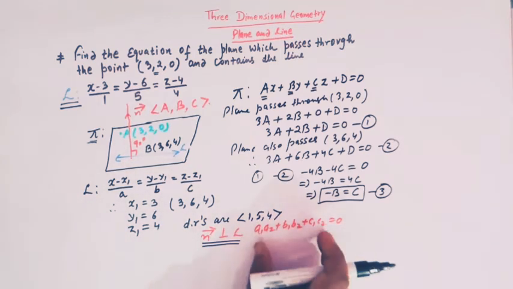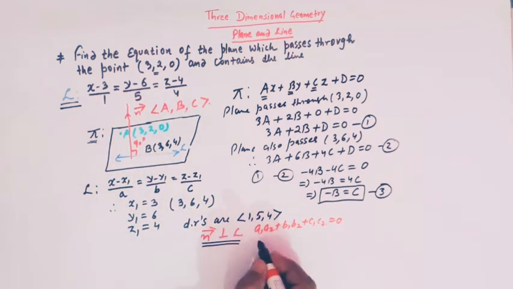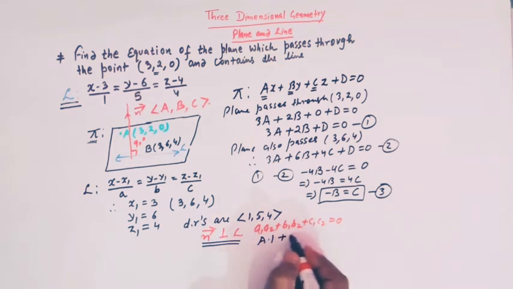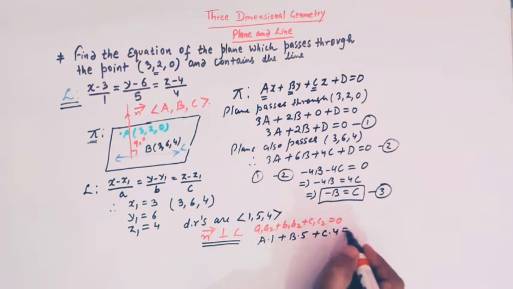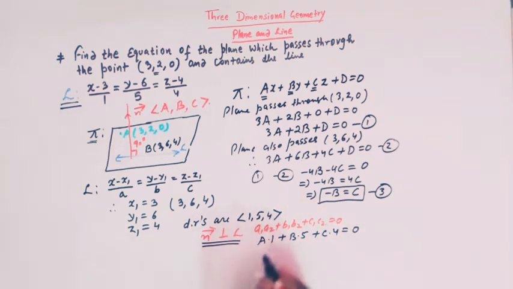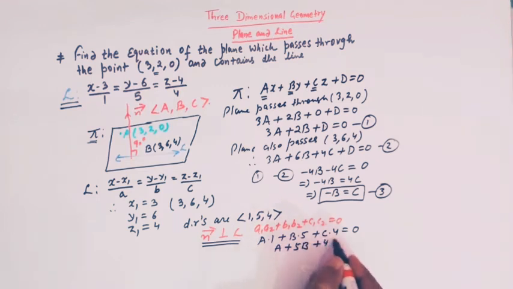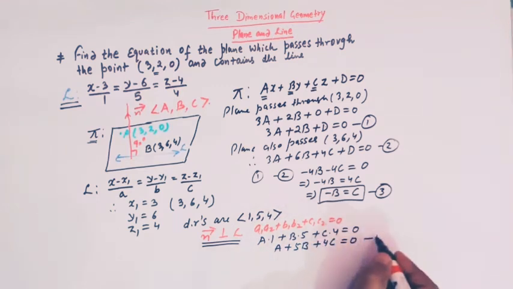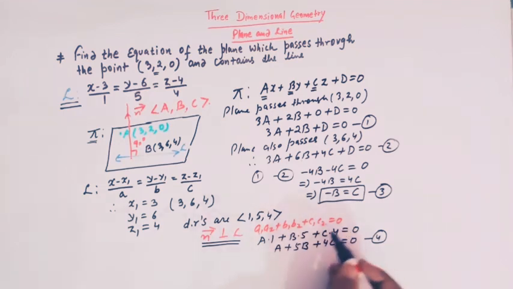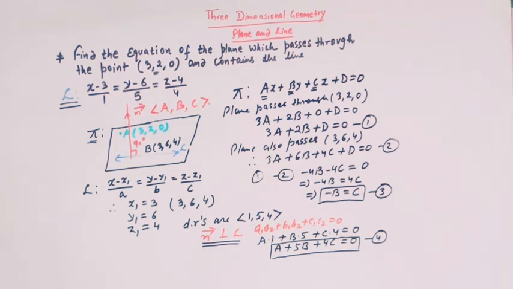So applying this condition, we have A times 1 plus B times 5 plus C times 4 is equal to 0, right? So now we have A plus 5B plus 4C is equal to 0. Now let us call this equation number 4. Now we have to solve equation number 3 and 4, right?